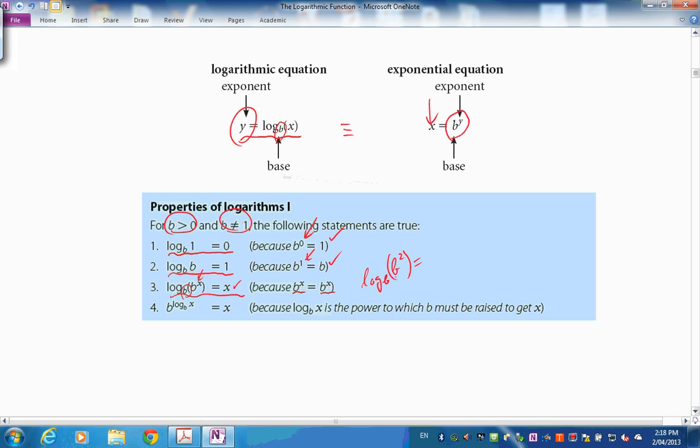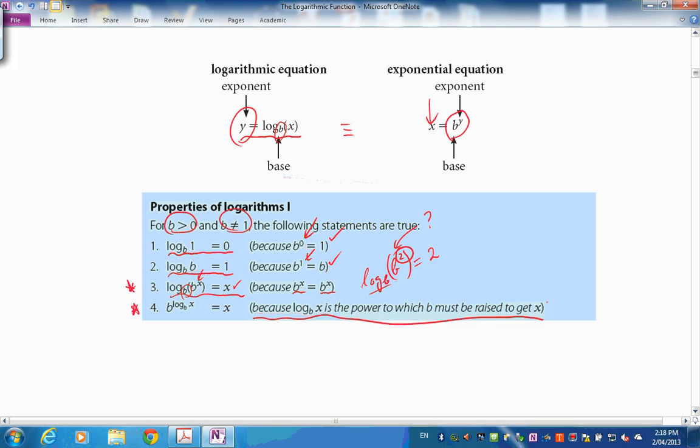Well, from our definition, log to base b says what power do you raise b to get this expression? What power? Well, it's already written as a power. So it is just that power itself. So these last two are fundamental algebraic statements of our word definition. And here's our word definition here.